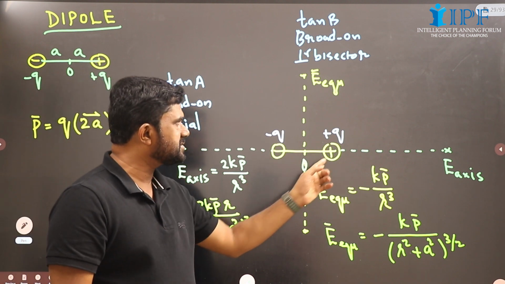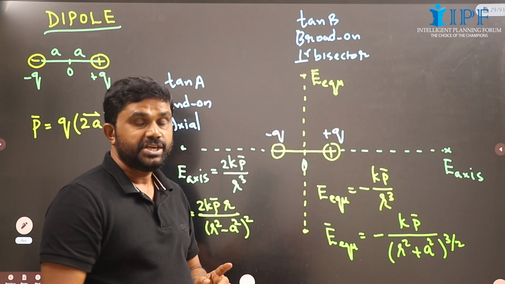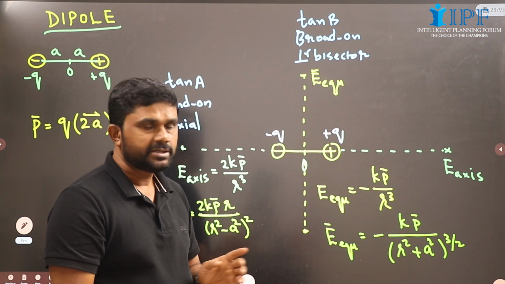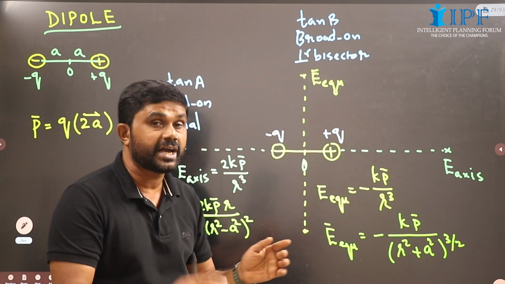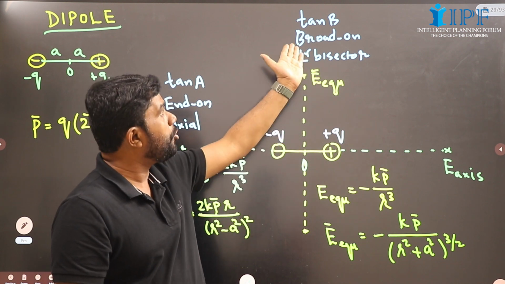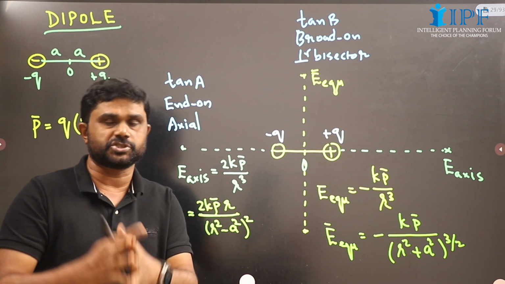Similarly, this is the axis and this is the perpendicular bisector of the axis. If the point of observation is on the perpendicular bisector, then this position can be called equatorial position, or broad-on position, or we can call it tan B position.